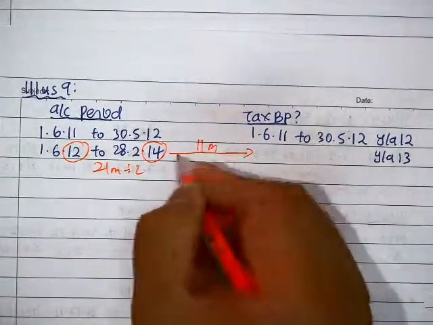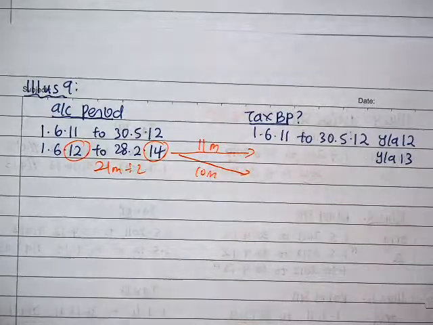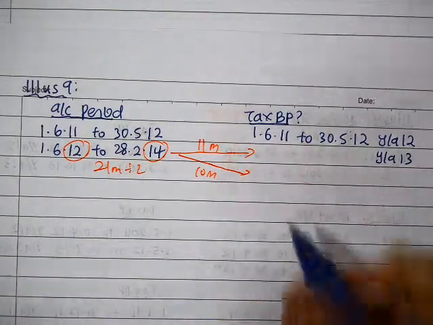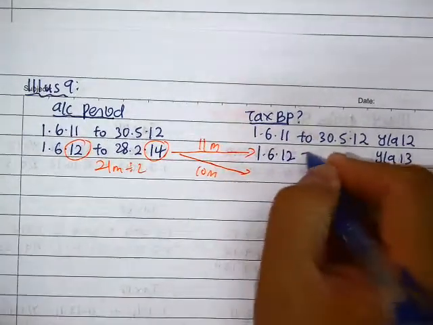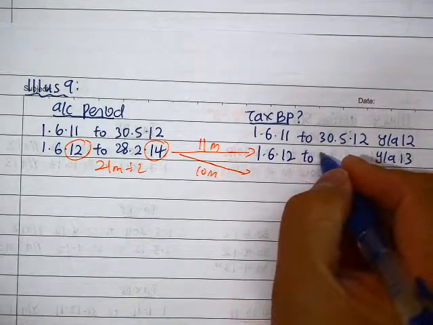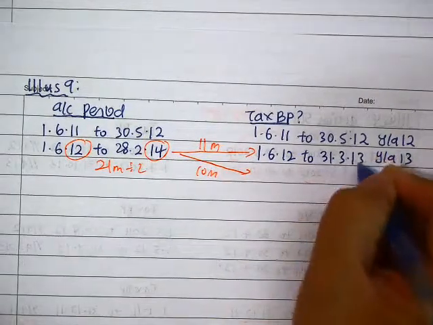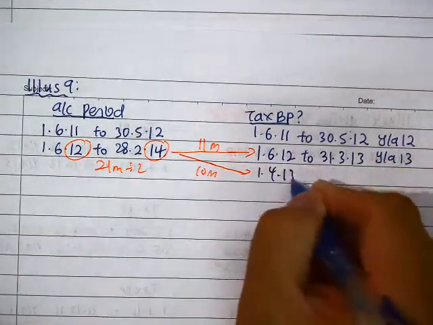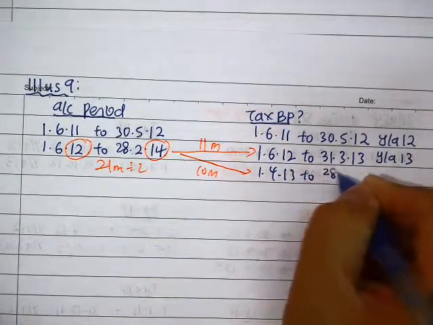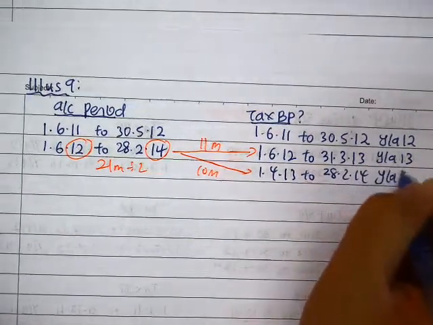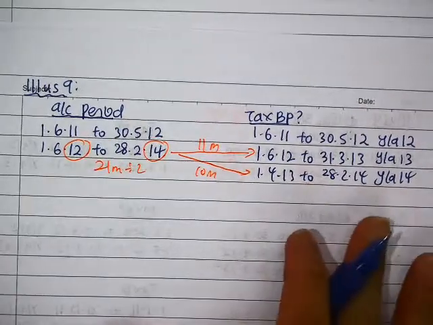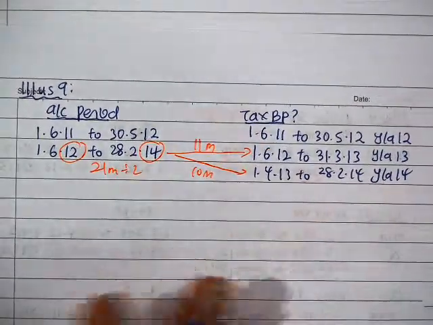So 11 months and 10 months. So that will be 31st March 13. And this is Y2014. Now the period that we determine is this.